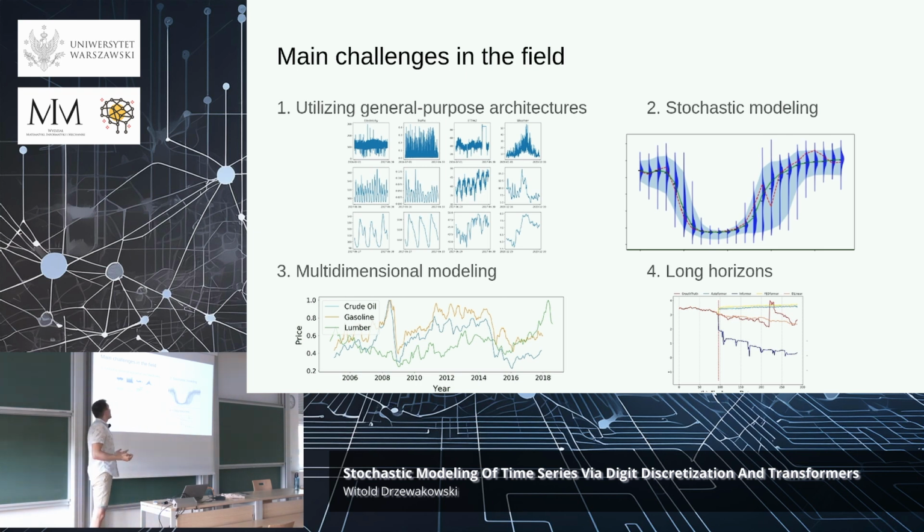So we face this challenge of modeling the whole distribution given only one sequence. Also, as I was saying, the time series can be multidimensional, and it can also happen, as in a lot of sequential problems, that there are long-range dependencies in the data.